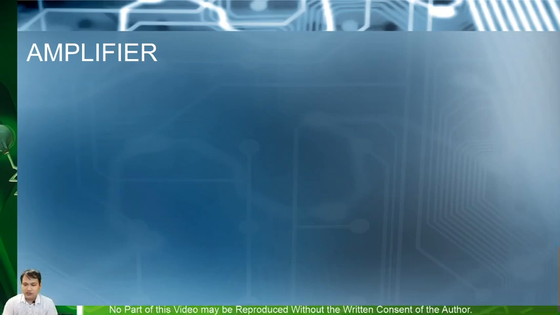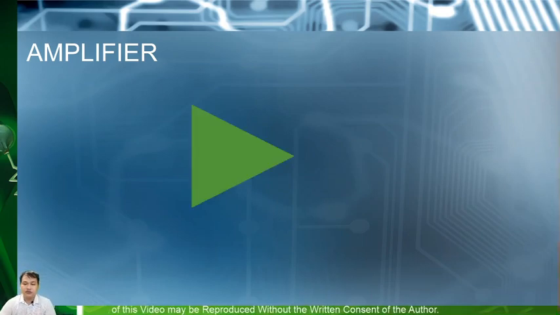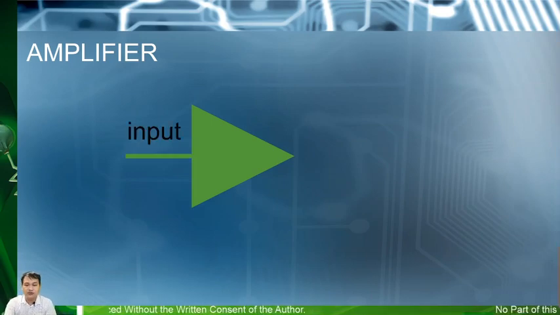In electronics, the symbol for an amplifier is a triangle that has an input and output terminal.